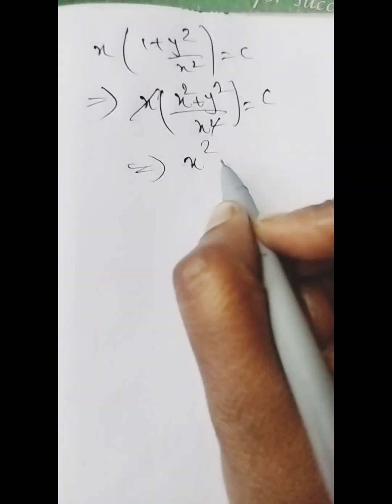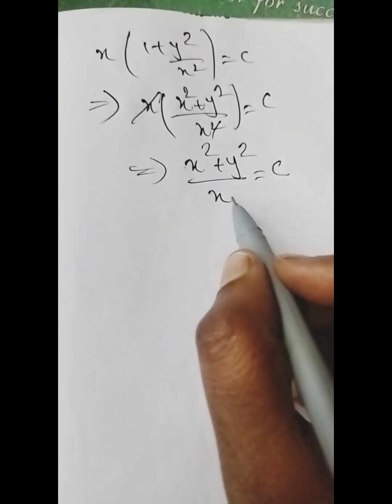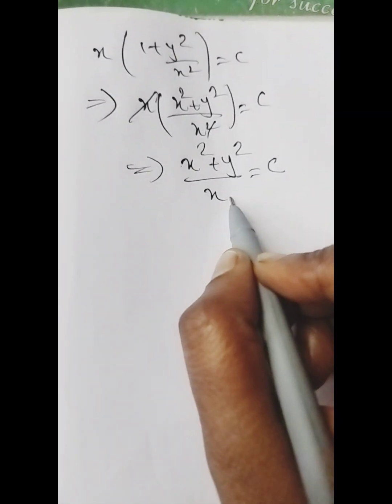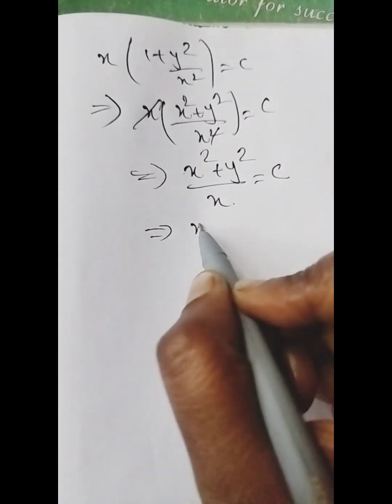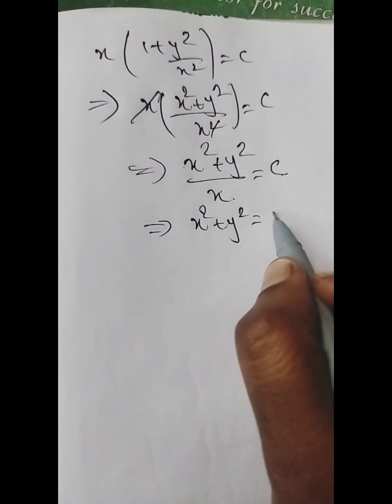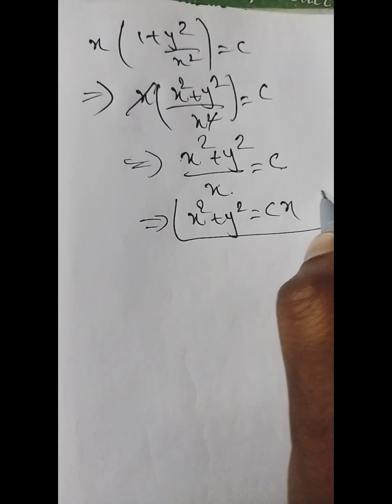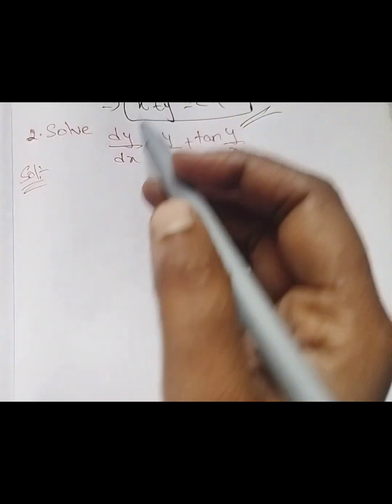So you will be left with (x² + y²)/x equal to c. And till here your solution is completed. If you want to solve further, you can extend this: x² + y² equal to, send this x to the right hand side, so this becomes cx. This is the required solution of the given differential equation.